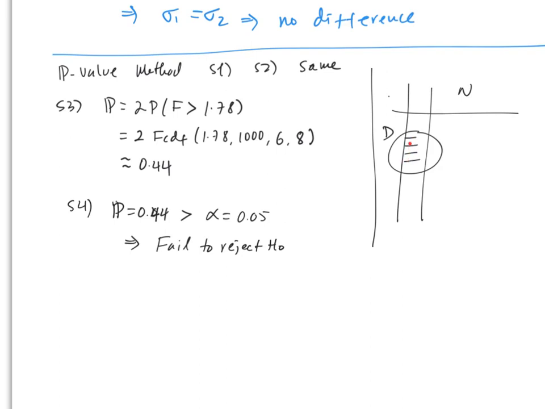In this case, 1.78 is bigger than the first value, so that's why you have to pick something bigger than 0.1. So if that was the case, since the value is on the top, somewhere here, you can say the p-value is 2 times 0.1, which will give you 0.2, which is definitely bigger than alpha, and you will get the exact same conclusion.